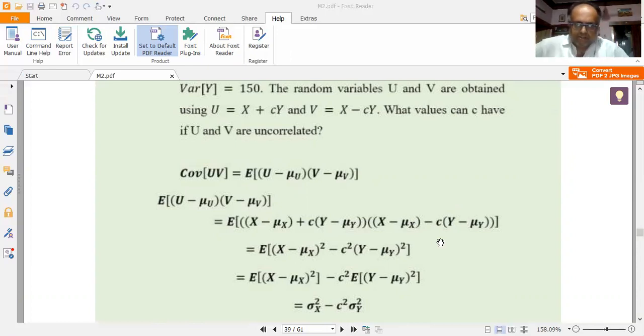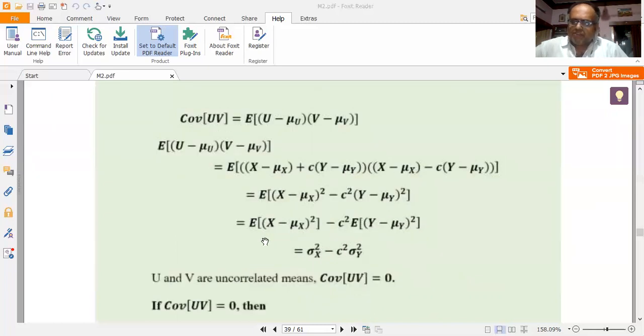Multiplying the corresponding terms and simplifying, I get E of (X minus mu x) the whole squared minus c squared into (Y minus mu y) the whole squared. Using the property of expectation, I can split this into a sum of two expectations, where the first term is E of (X minus mu x) the whole squared, and the second term is minus c squared into E of (Y minus mu y) the whole squared.